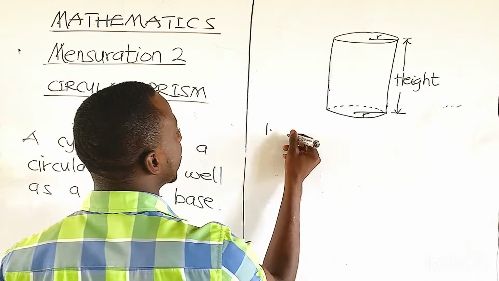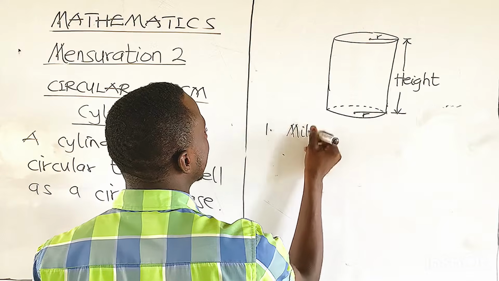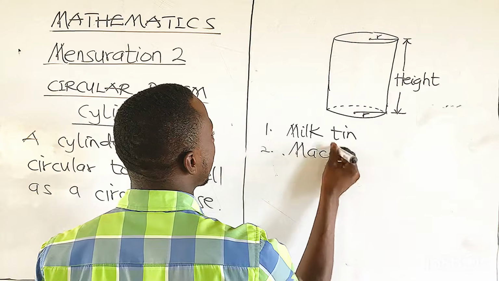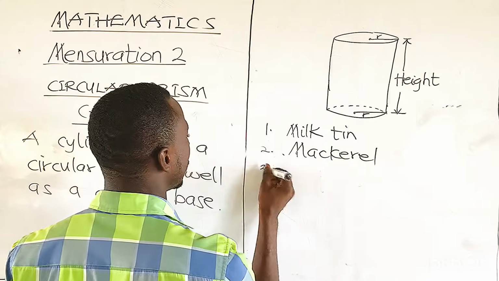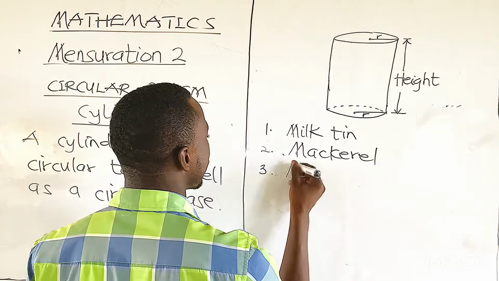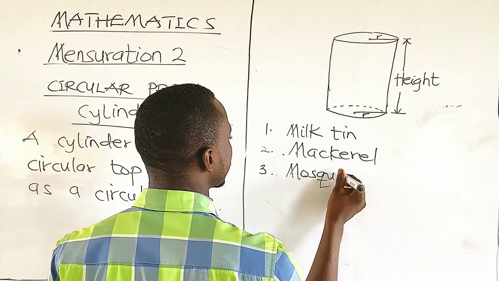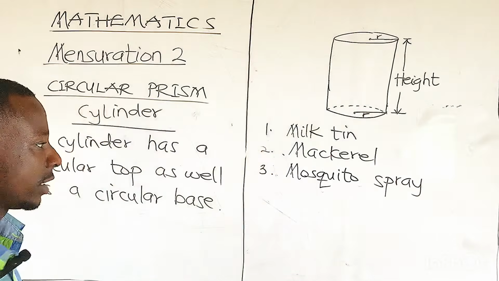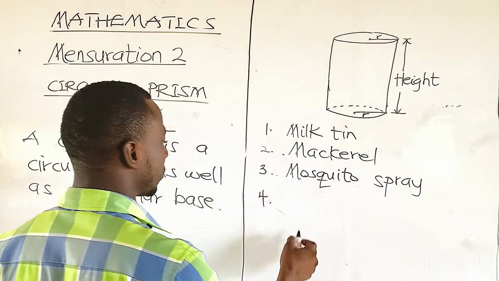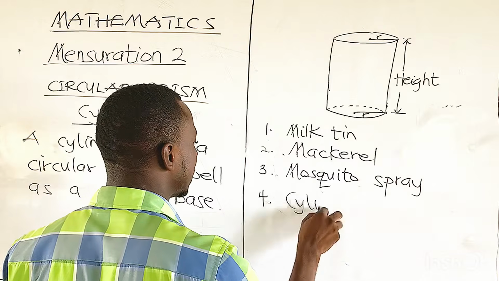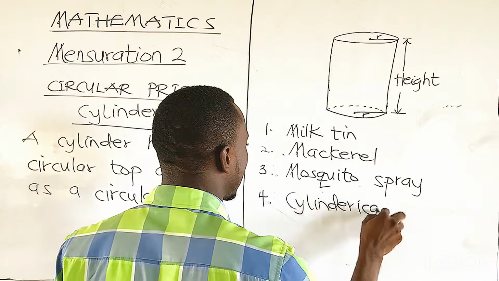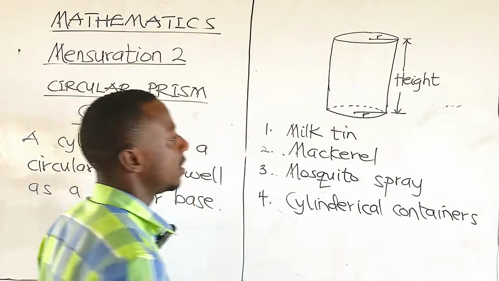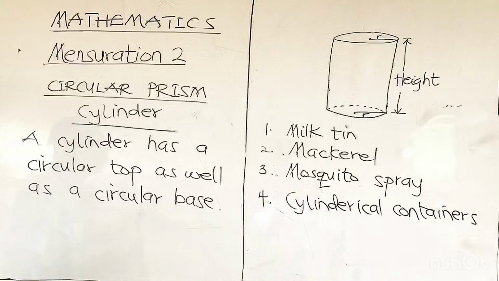The first one we can talk about is a milk tin. A milk tin is an example of a cylinder. We can have mackerel tins. We can even talk about the container of a mosquito spray. We can talk about any cylindrical containers. All these are examples of cylinders.